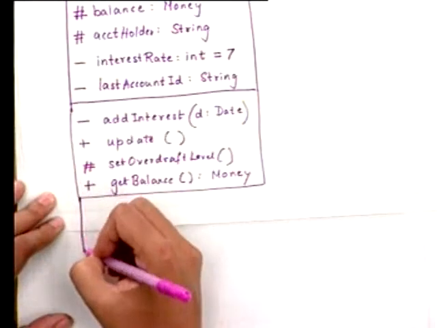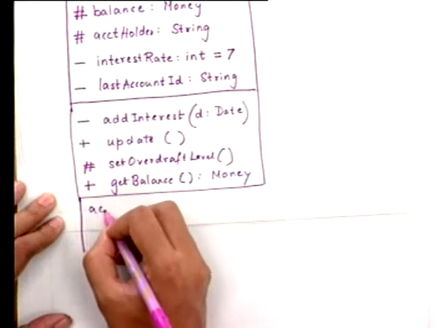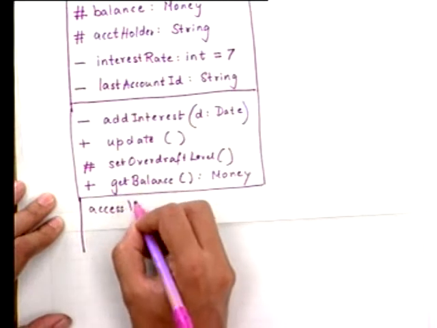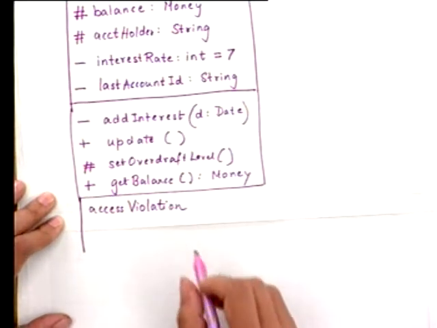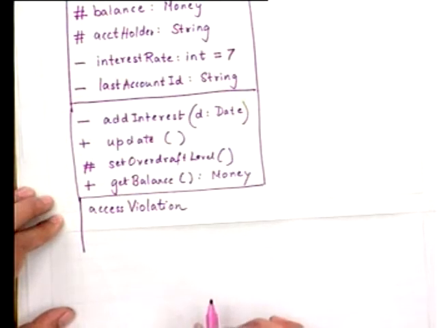Other than these three compartments, we can also add some other compartments to this object. For example, we add another compartment to specify the exceptions of this class.